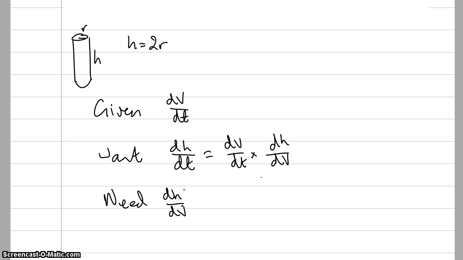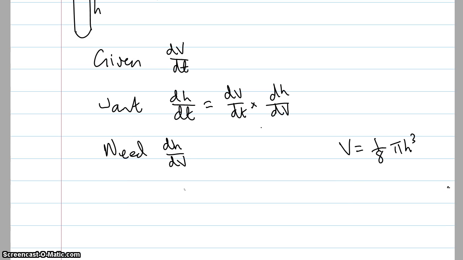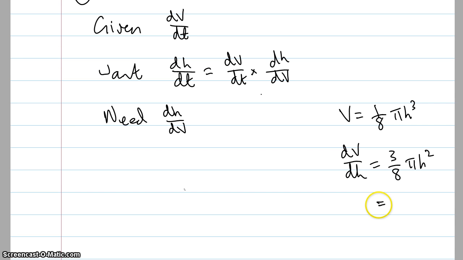That's a little bit troubling. I know what V equals, because I worked that out in the previous question. V is an eighth pi H cubed. So I know that dV/dH is equal to 3 on 8 pi H squared, or another way of writing that is 3 pi H squared on 8.